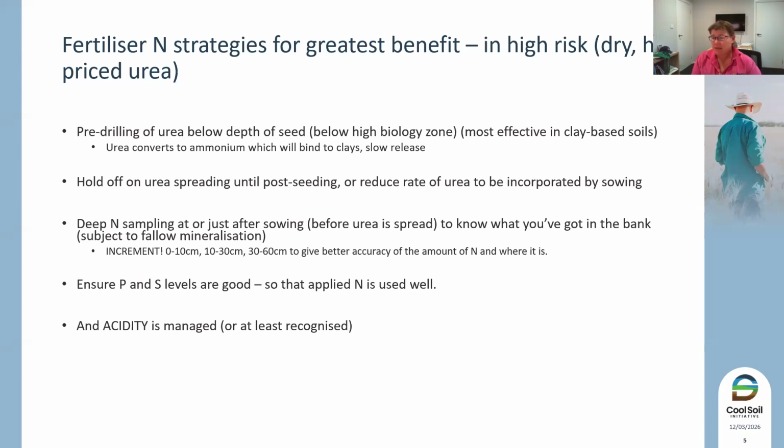The last thing, just in terms of general strategy, is ideally we'd be managing our acidity and knowing that soil acidity is the largest throttle, in terms of behind water, for plant growth. We'd want to make sure that our roots are functional and healthy and the plant's not stressed.